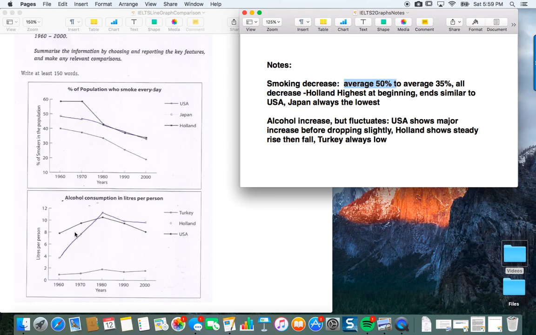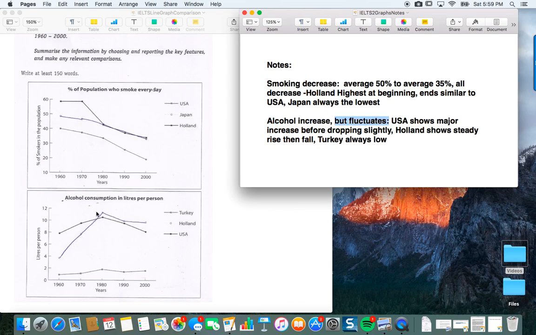Secondly, this one, it does show a lot less clearly what the trend is, but if you put it all together, there is an increase. So the consumption of alcohol starts low here, and by the end, it's higher. So that's the other thing, is that there's an increase in alcohol, but it fluctuates.